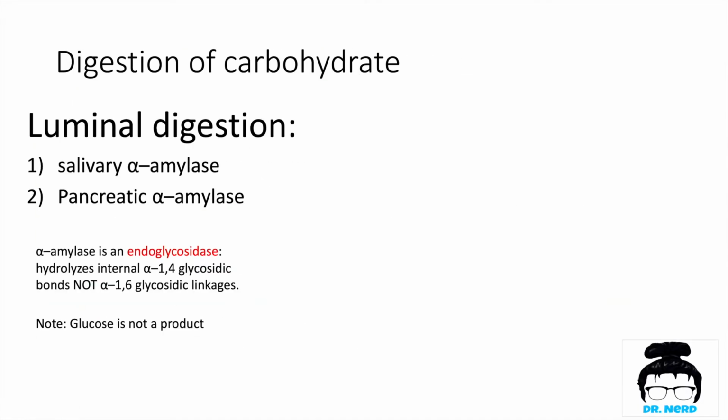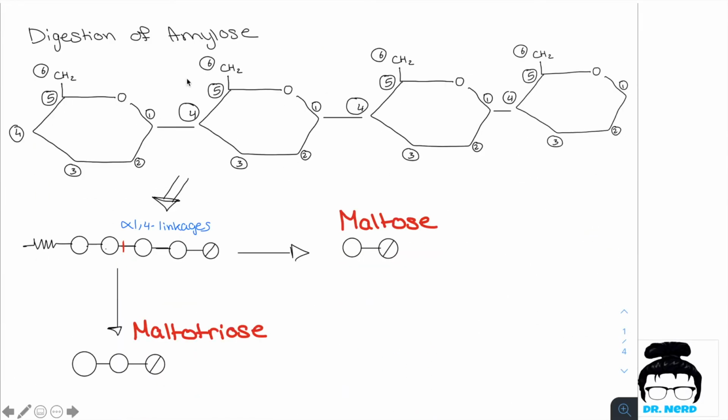Now, this is digestion of amylose. I tried to draw it and make it easy for you guys to understand. This is one monomer, two monomers, three monomers, four monomers. It's a polysaccharide, so it goes a lot longer than this. And these are the alpha 1,4 linkages. If you cut it, as we said, with alpha amylase, you're going to cut the alpha 1,4 linkages.